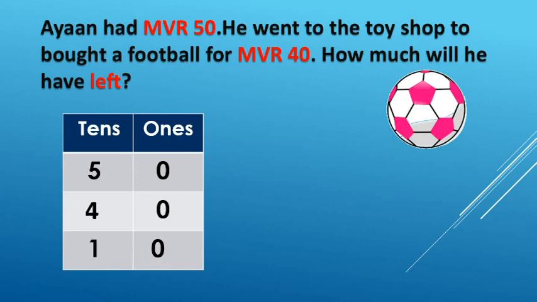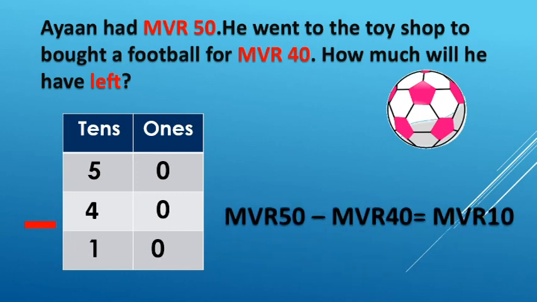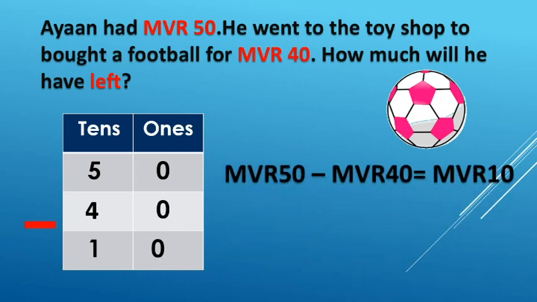So in this question you have to subtract. So you have to subtract 40 from 50. So the answer is 10. When we subtract 40 from 50, we get 10. So 50 minus 40 is equal to 10.